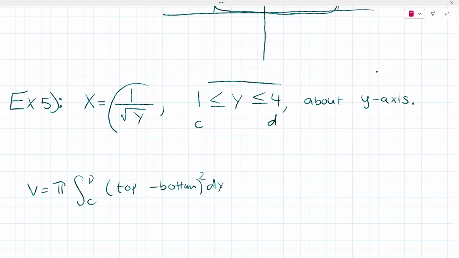So if you want to draw your image, it should look something like this. How does x equals 1 over square root of y look? It would look something like this. So we're going from 1 to 4. Here's 1, here's 4. It would look something like this.